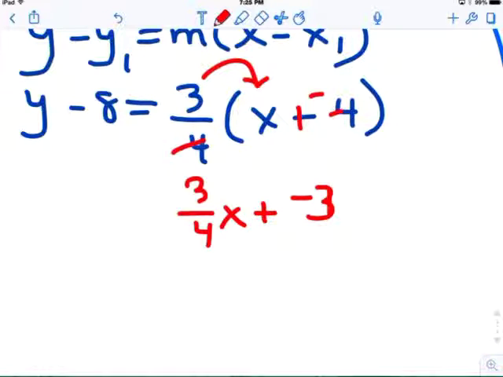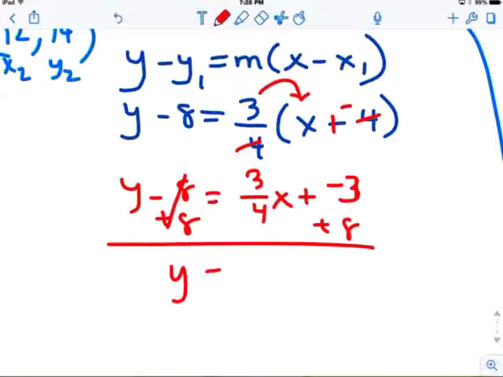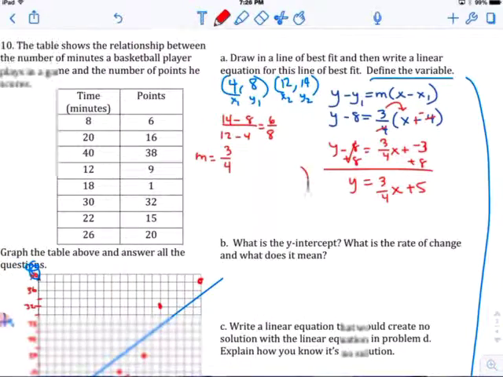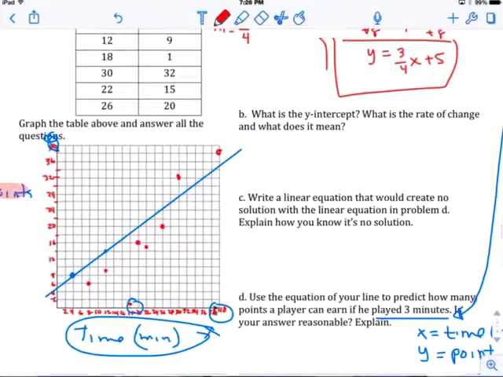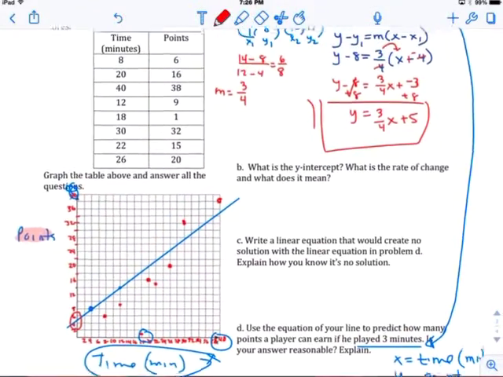Cross cancel, right? Equals y minus 8, add 8, add 8. Y equals 3 over 4x plus 5. Let me see if this answer is reasonable based on the y-intercept. Hey, that could be 5. Yep, it is reasonable.